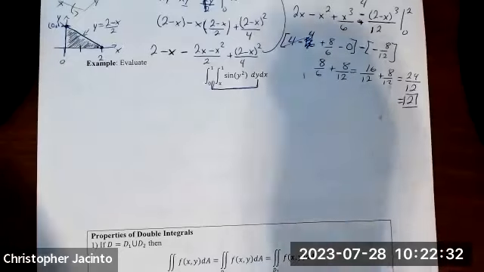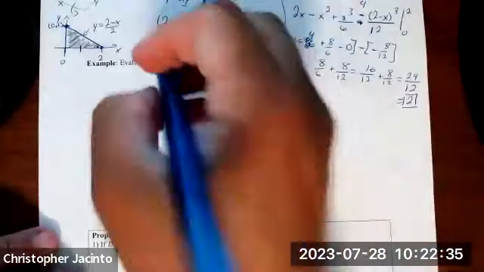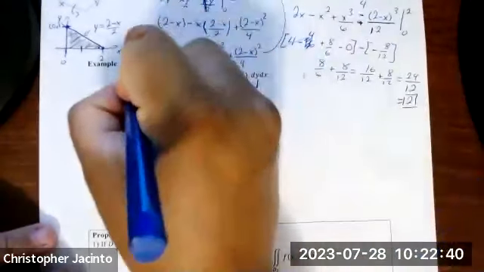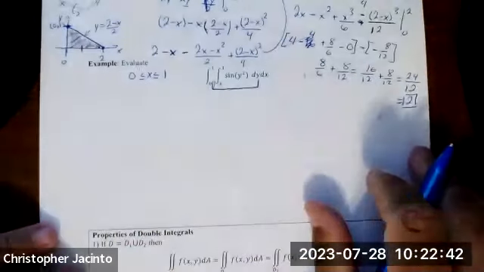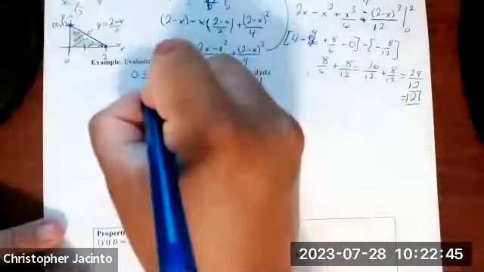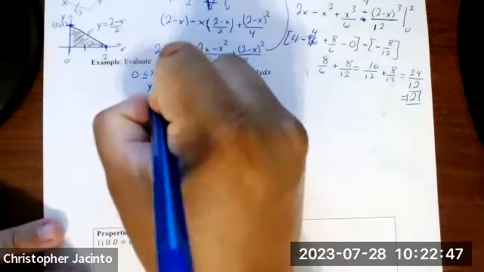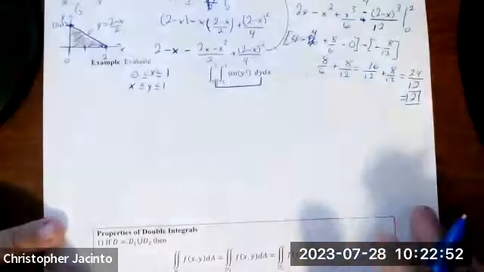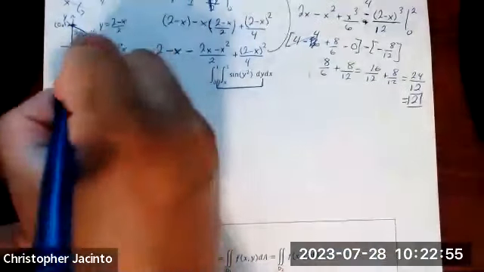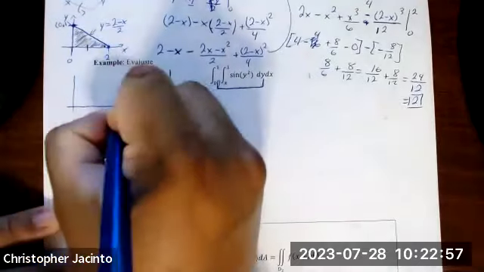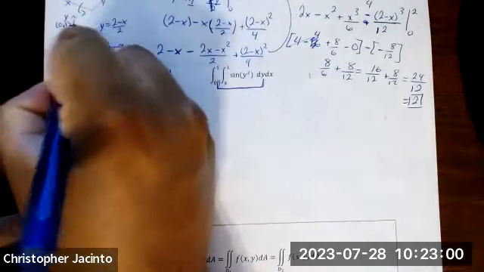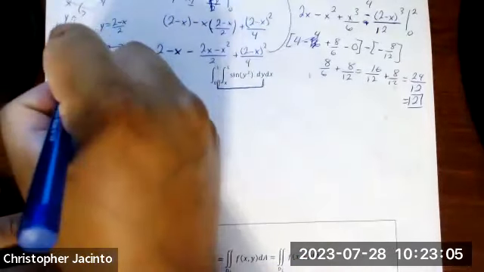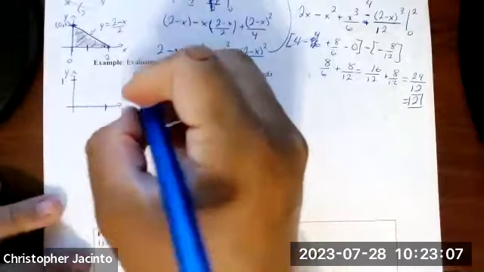Okay. So first, we're going to write down what our bounds represent. From the outer portion, x goes from 0 to 1. And then y goes from x to 1. If I draw this out, x goes from 0 to 1 here, and y goes from y equals x to 1.